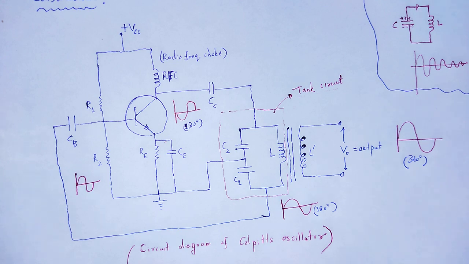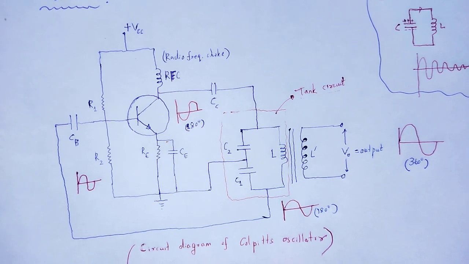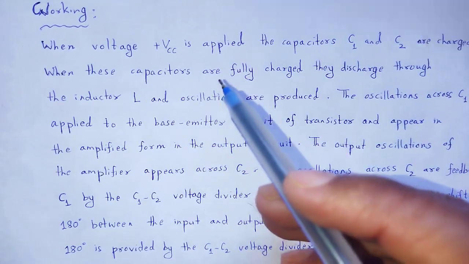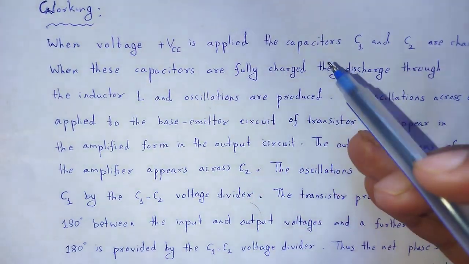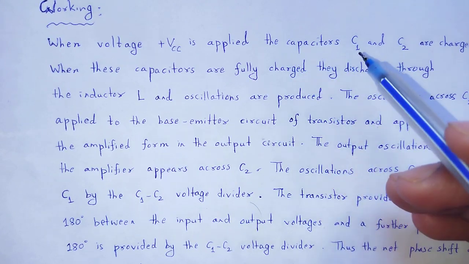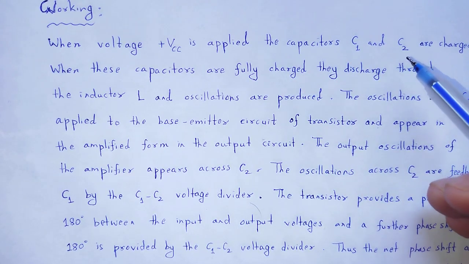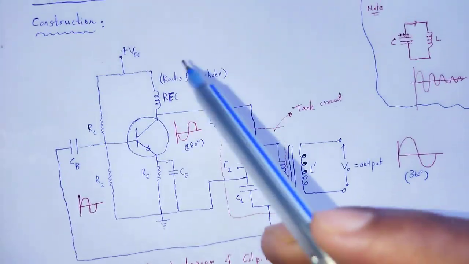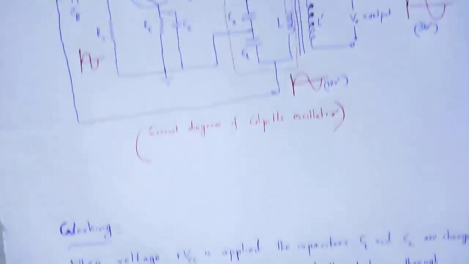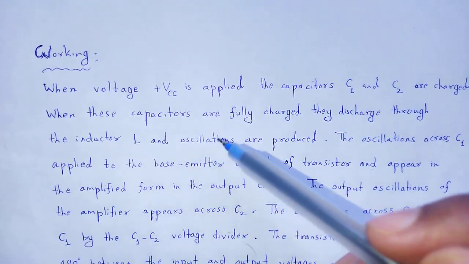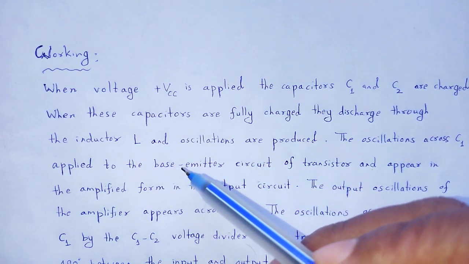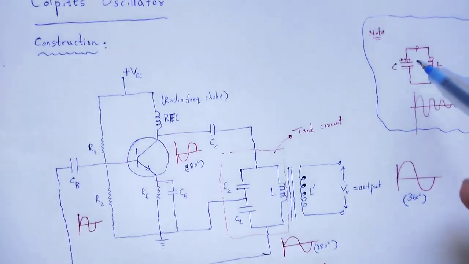We can understand that working as, when voltage plus VCC is applied to the capacitors C1 and C2, these two are charged. When these capacitors are fully charged, they discharge through the inductor L and oscillations are produced.